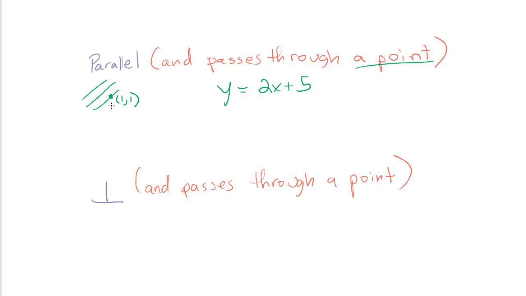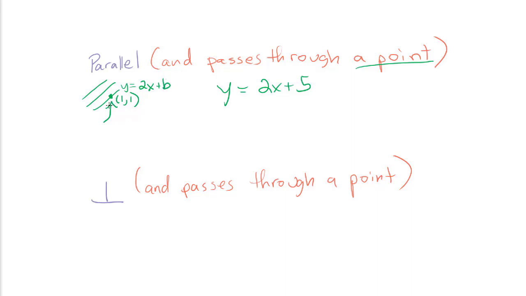There's only one parallel line that passes through the point 1, 1, as we can see. So how do we find that? Well, we do it the same way we did to solve for our equations before. We plug in the point we know that lies on the line, and we solve for the missing variables. So in this case, this line is really just going to be y equals m, which we know must be the same, 2x plus what we don't know is what b is.